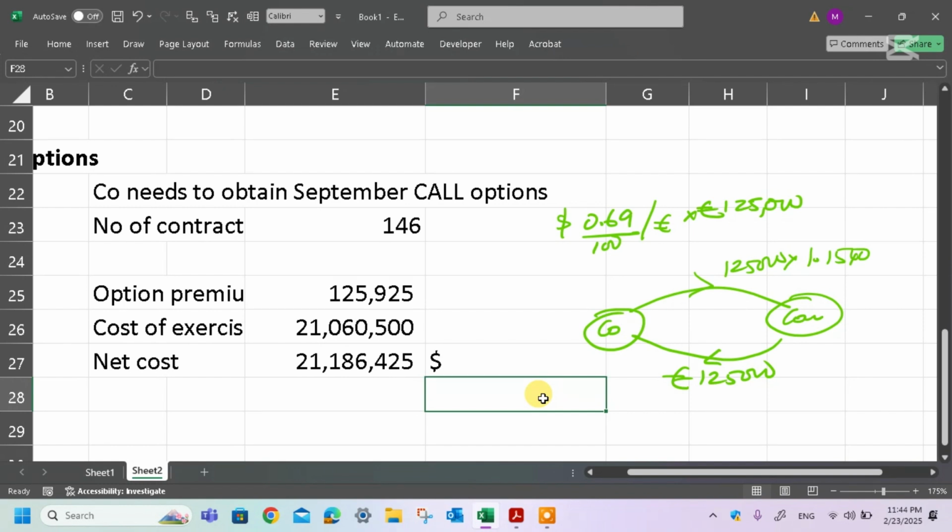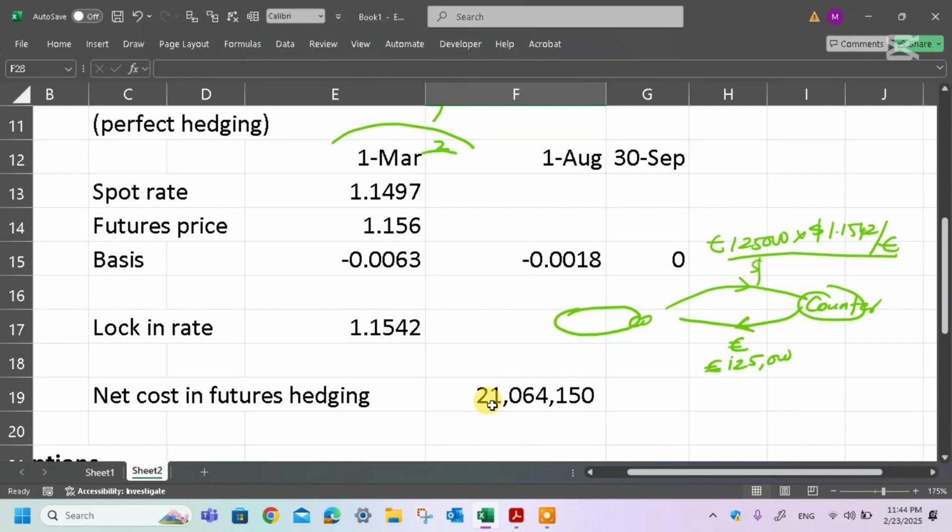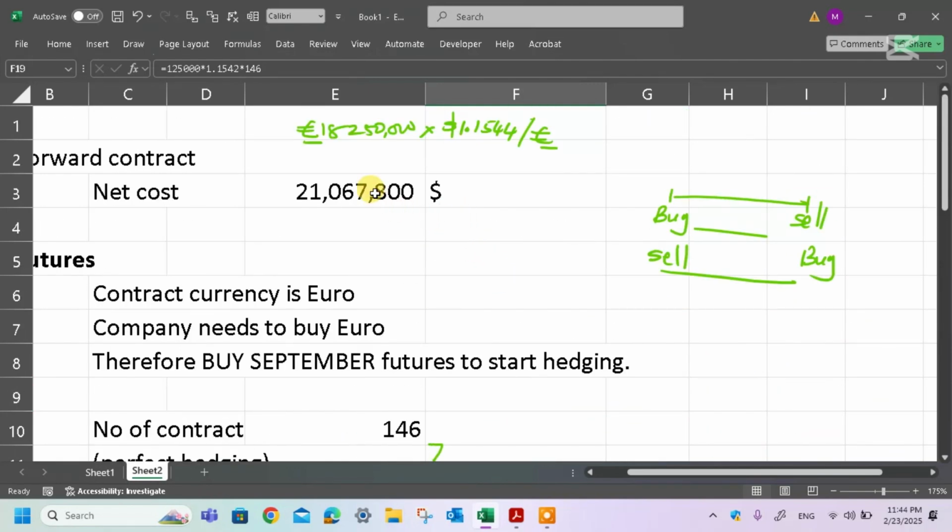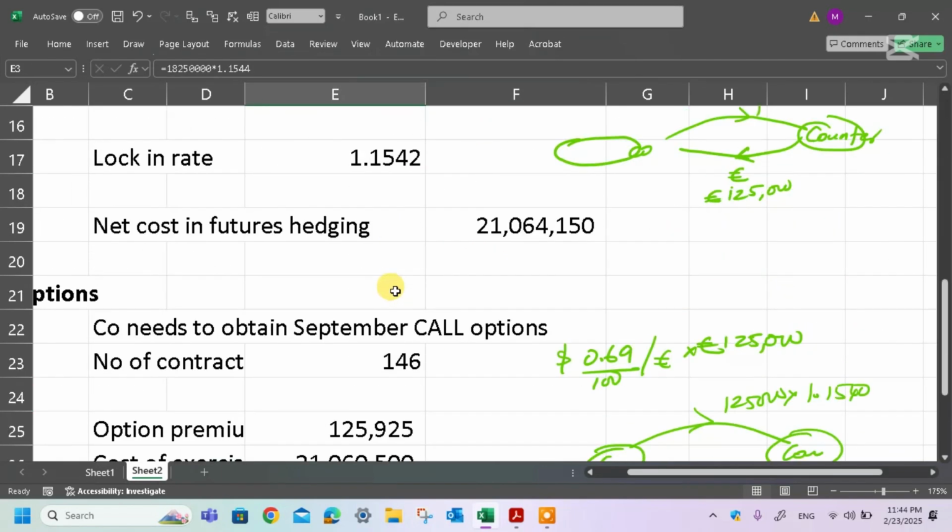So unless there is a high probability of favorable movement in the exchange rate, you should not consider options. Then among these two, futures and forward contract, the amount is almost the same, a very small difference. Considering the lower default risk in exchange traded items, futures hedging might be preferable for the company. So give a justification and finish it.